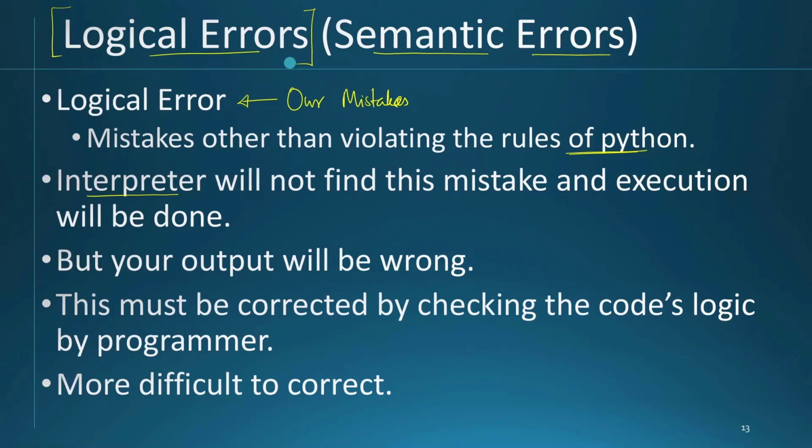So we can clearly read the error message and correct it. But with logical errors, the program will run fine and you will get the output, but the output is wrong, you know that. So this must be corrected by the programmer checking the code's logic. This is why I told you it is more difficult to correct.